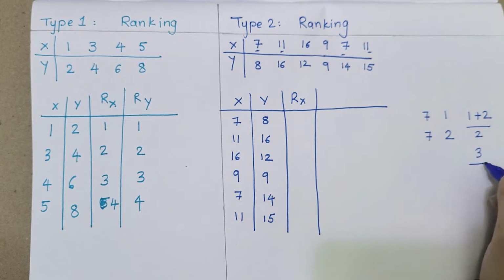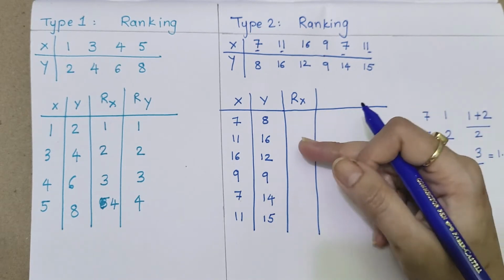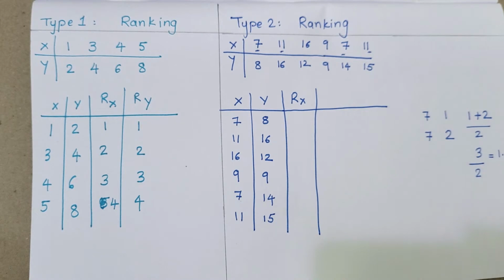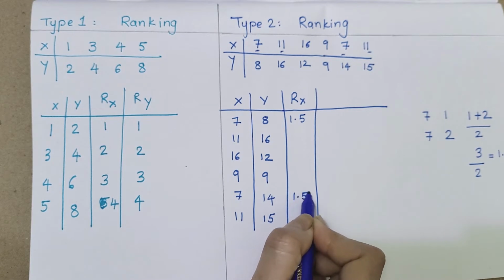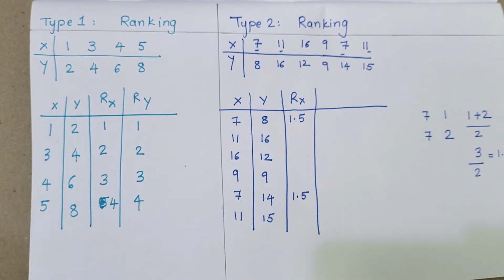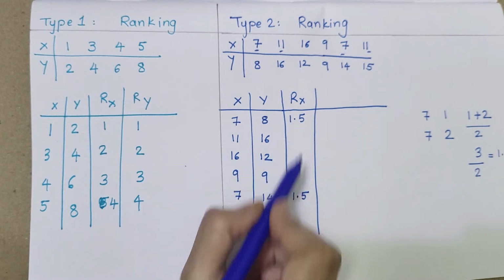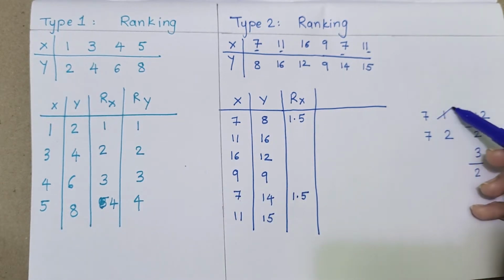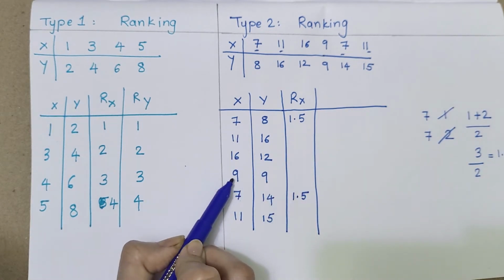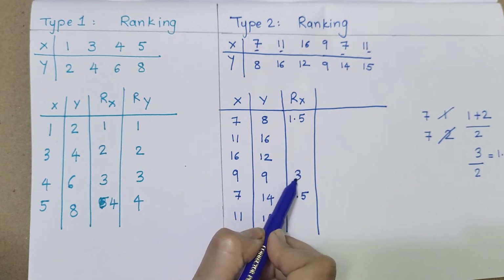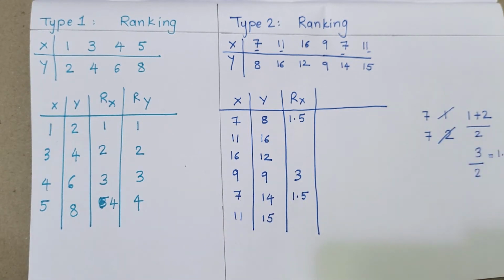So this is 3 divided by 2, which is nothing but 1.5. Now these two 7s will share 1.5 and 1.5 instead of 1. Now what is the next rank? 1.5, 1.5. 1 is gone, 2 is gone, because 2 elements are gone. So now the next rank will come on 3, not on 1 or 2. It will come on 3.